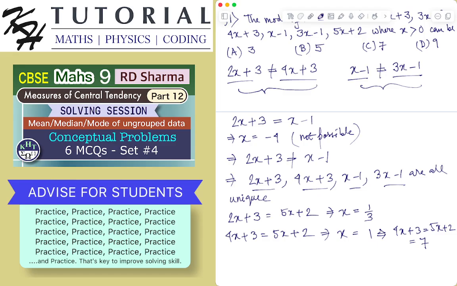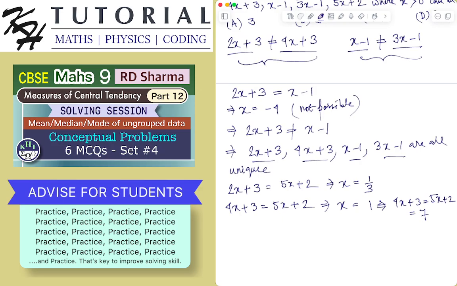Now if 2x plus 3 is equal to 5x plus 2, then we have x equals 1 by 3.